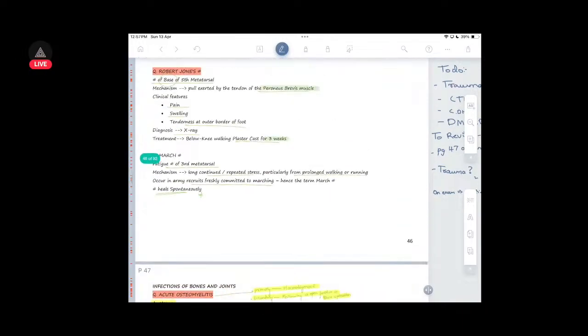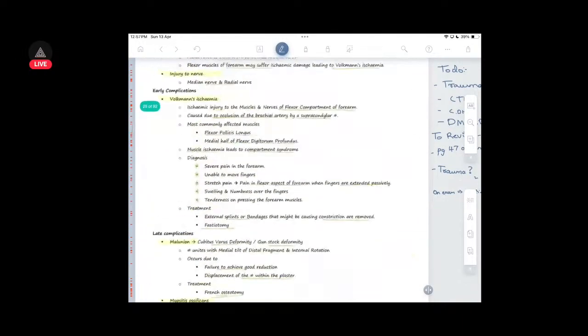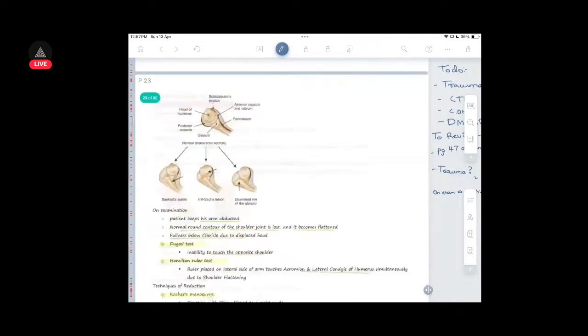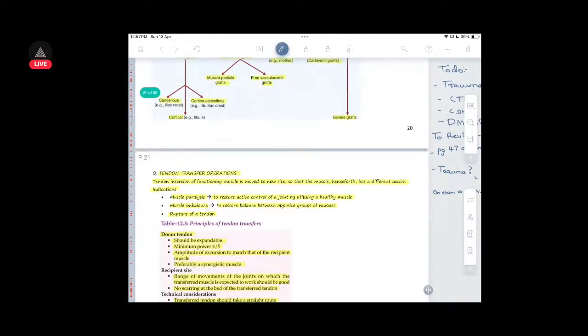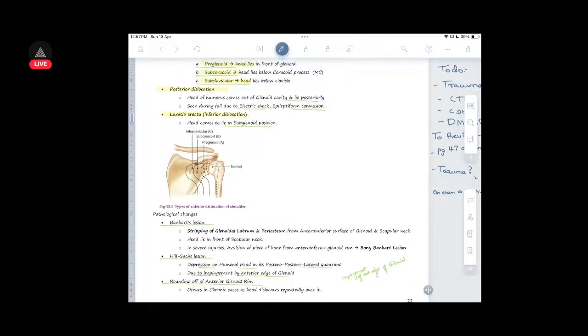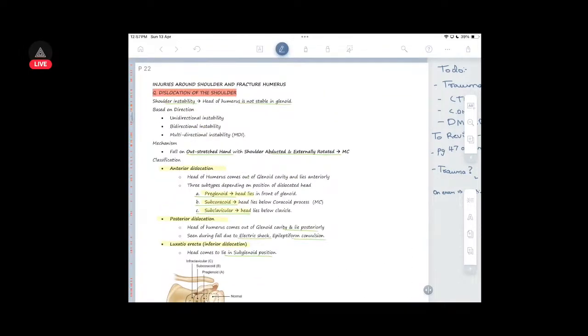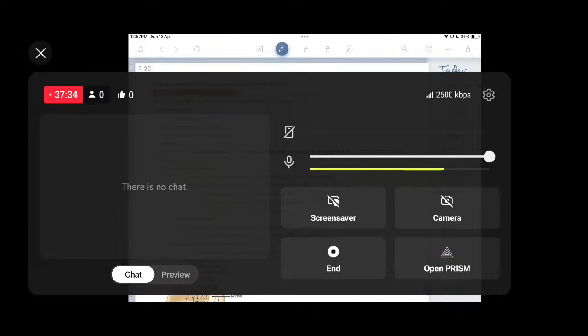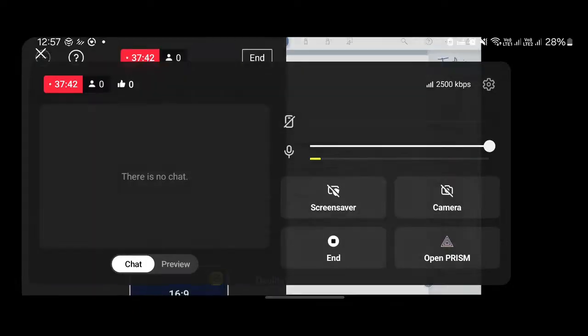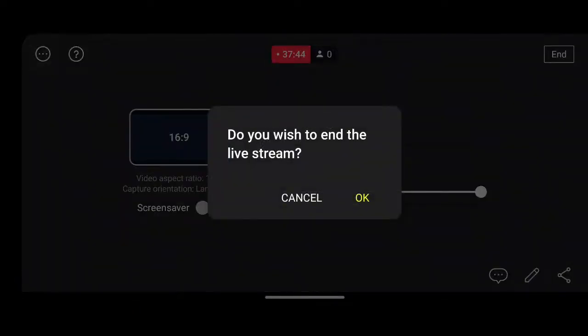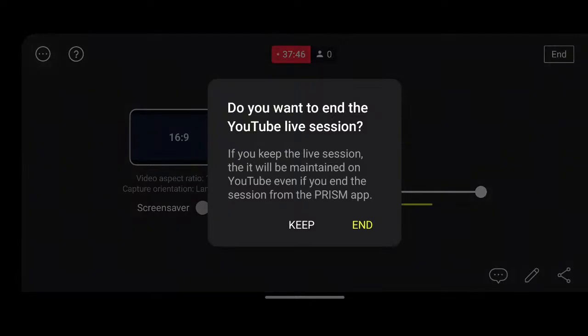From 21 to 47, which is around 30 pages, but 25 pages to be exact. It'll take another hour to finish, but I'll do it after a bit. My pen also needs to be fixed. So I'll see you guys after some time.